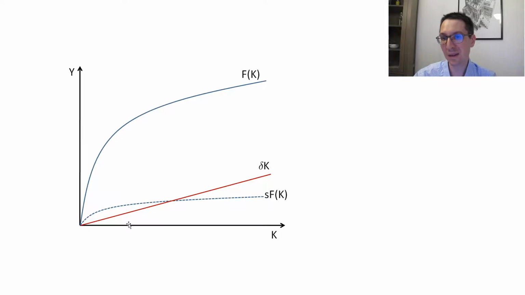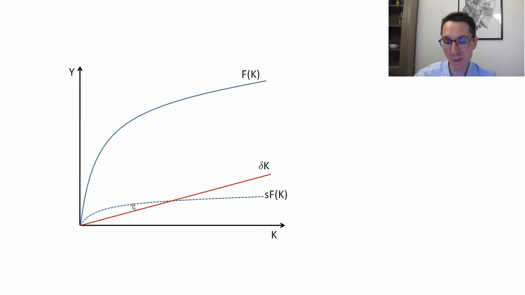Then I can start again asking myself, where am I going? I see that still investment is larger than depreciation, although since depreciation always increases at the same rate, whereas investment peters out as capital increases, the gap is becoming smaller and smaller.